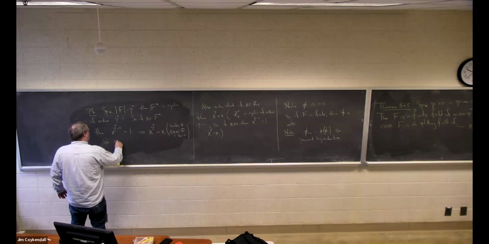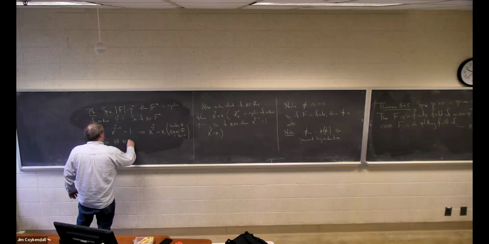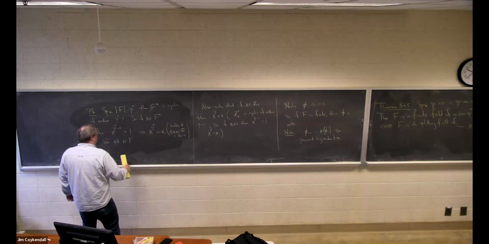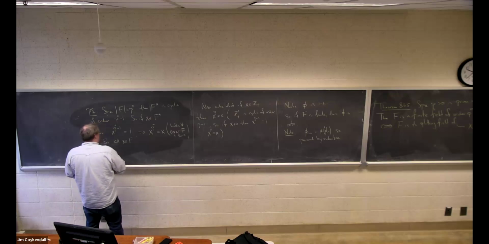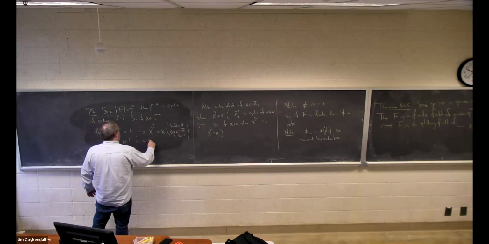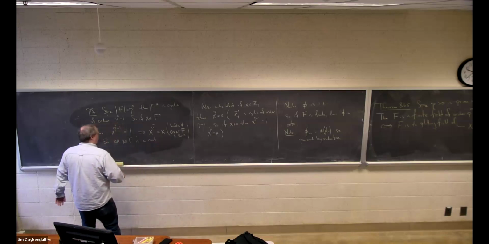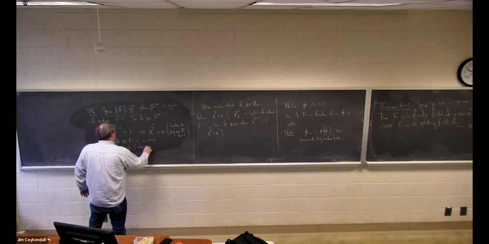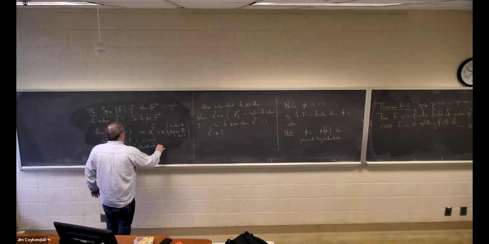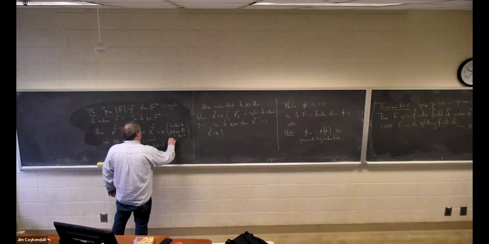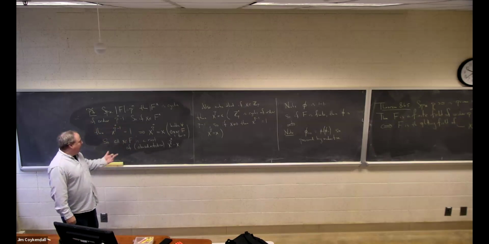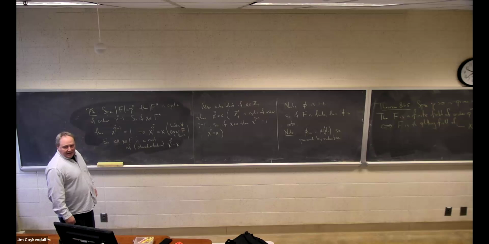So all x in F is a root. I really should have used another notation. Sorry. So everything in this field of p to the n elements is a root of this.